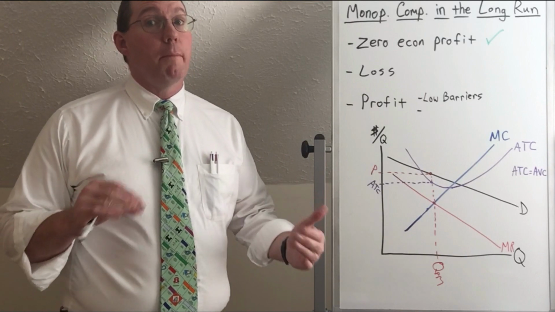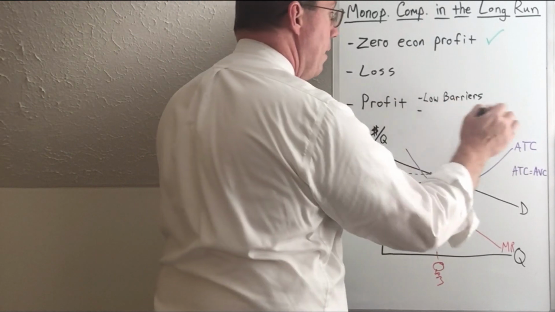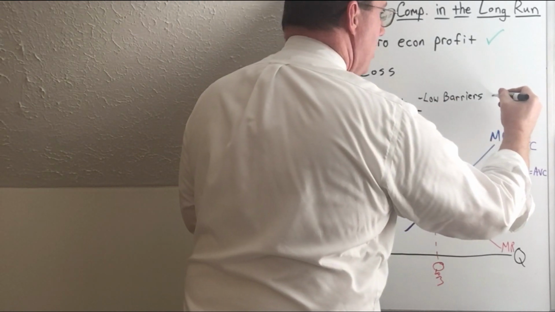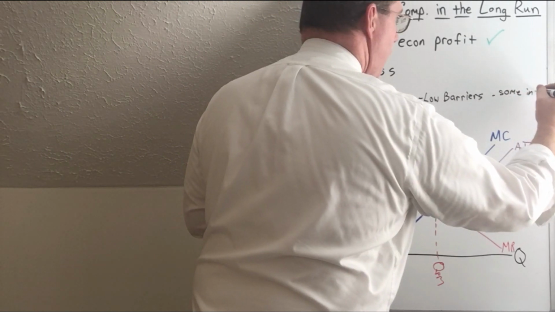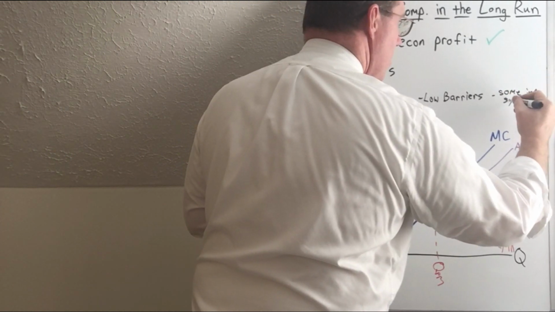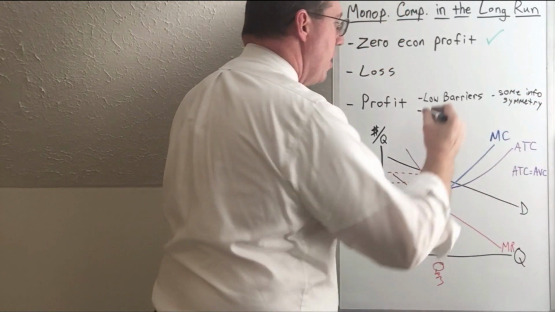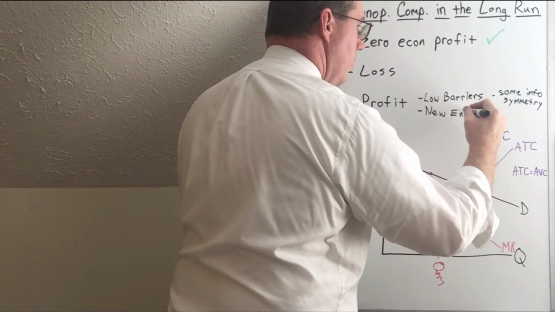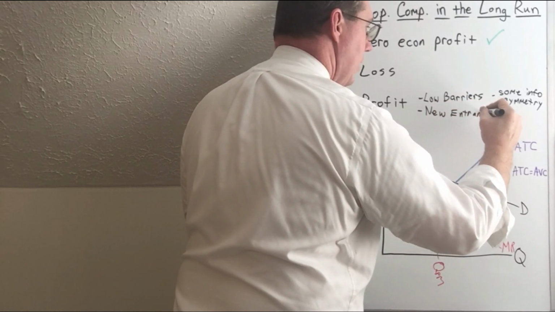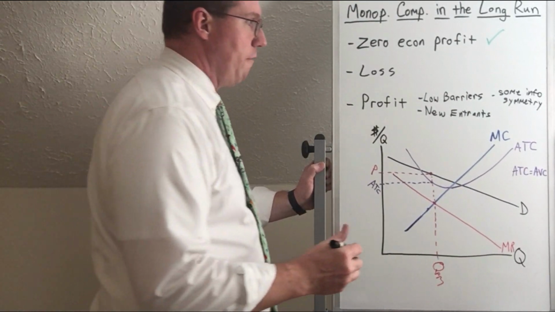So other companies do know that there is profit to be made. So because there are low barriers and because there is some information symmetry, there will be new entrants into the market. This will attract new companies who want to get some of that profit.